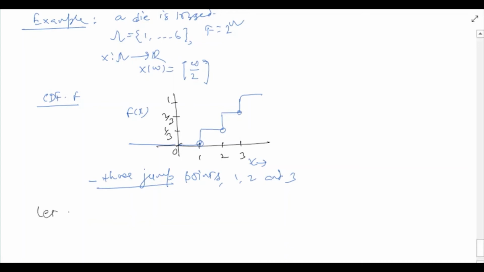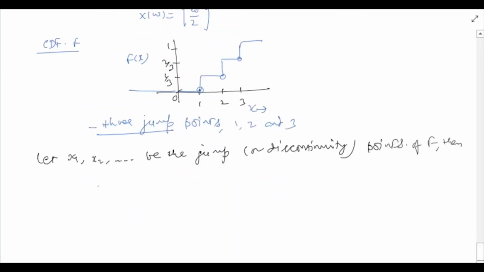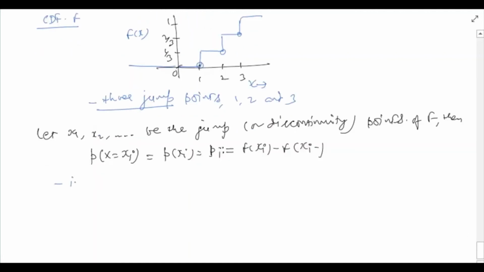Further, let x1, x2 be the jump points or discontinuity points of F, then probability of X being small x_i, in short probability of x_i, or sometimes also written as p_i, turns out to be equal to F(x_i) minus F(x_i minus).